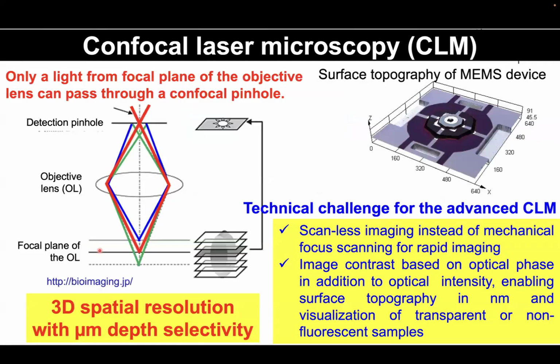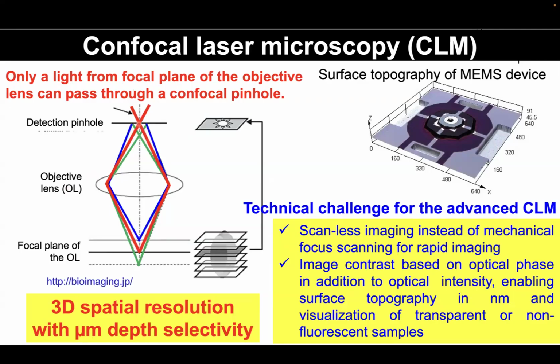Going to the background, the confocal laser microscopy, or CLM, has been widely used for biomedical imaging and industrial surface topography. In CLM, using a confocal optics composed of an objective lens and a pinhole, only the light from a focal plane of the objective lens can pass through a confocal pinhole.